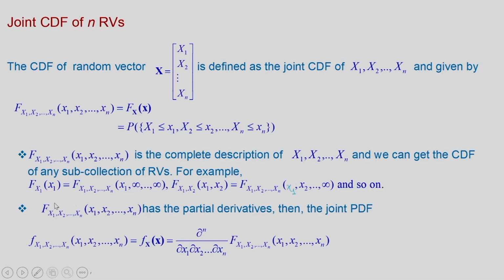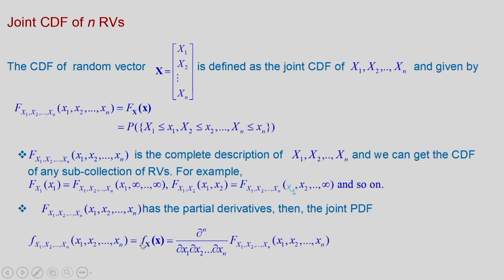If the joint CDF at point x1, x2 up to xn has the partial derivatives, then we can define the joint PDF, written as small f x1, x2 up to xn at point x1, x2 up to xn.